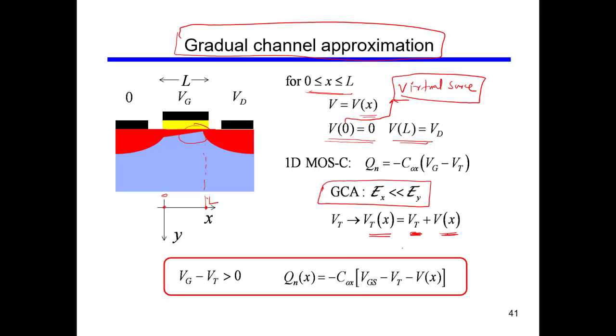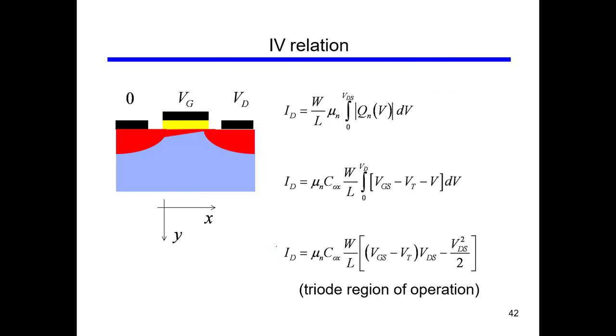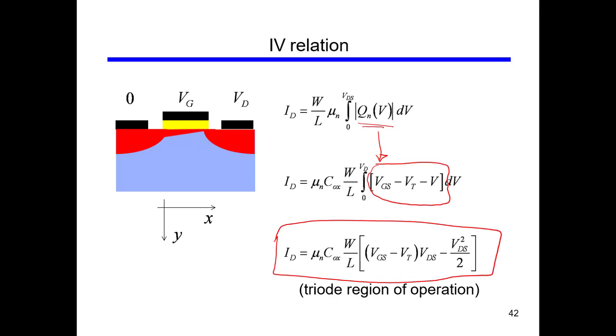So we can put this V of x in our equation. Remember, this is the same equation we used when we were discussing the pinch off. So we include this term, and now we put that formula here. Instead of Q, we put this and we integrate, and we will get this formula.